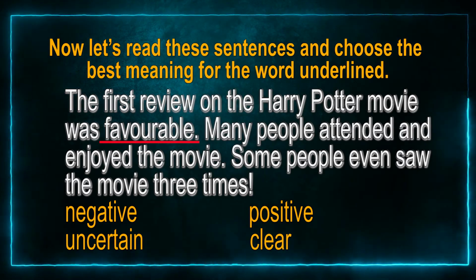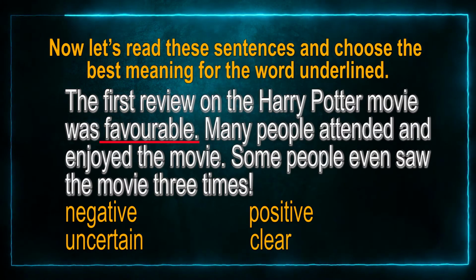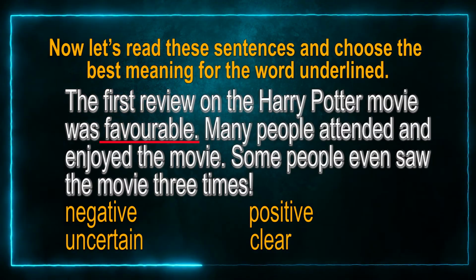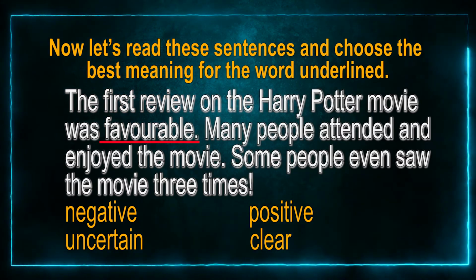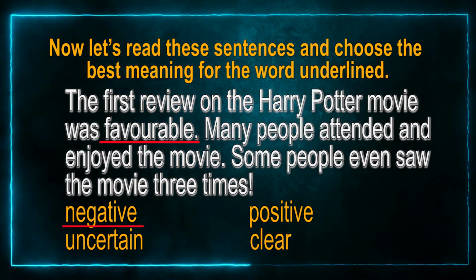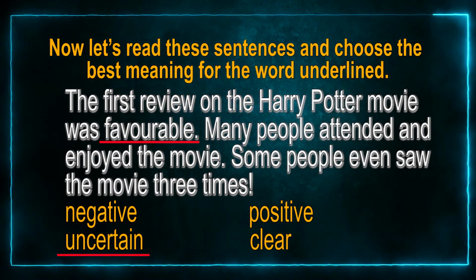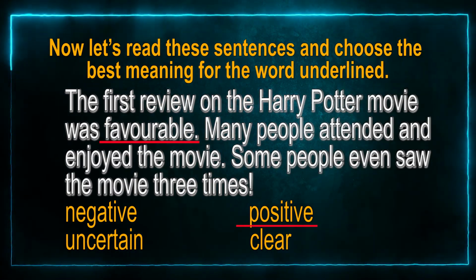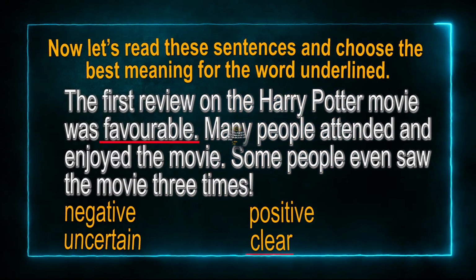Now, the word underlined is favorable. The first review of the Harry Potter movie was favorable. How do you think that was? Was it negative? Was it uncertain? Was it positive? Or was it clear?